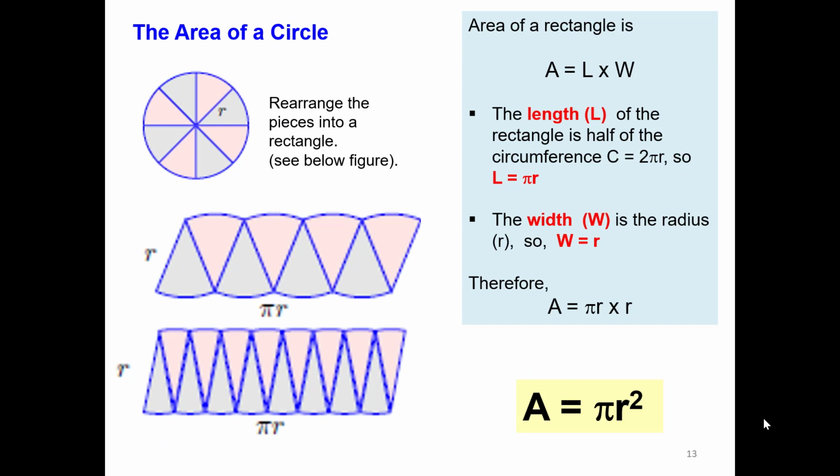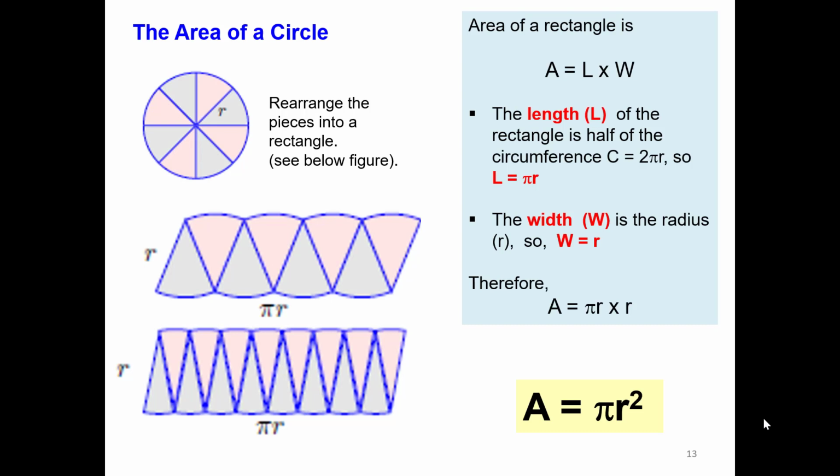Now we want to calculate the area of a circle, and the first thing we want to know is what equation we can apply to calculate the area of the circle. Let's try to understand where the equation of the area of the circle comes from.